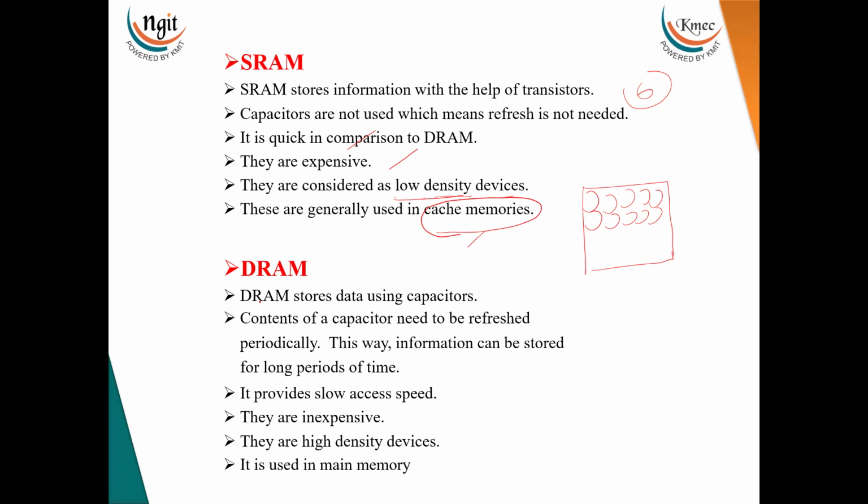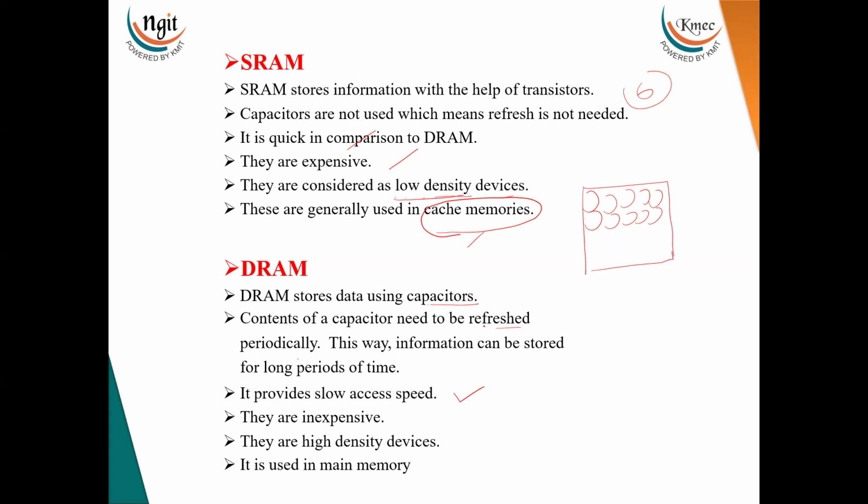Now coming to the DRAM, DRAM stores the data using the capacitor. Since capacitors are used, it needs to be refreshed periodically to restore the content. These are low-speed memory circuits.